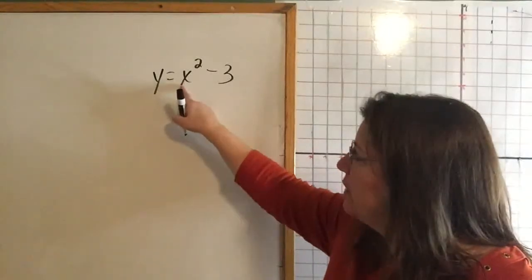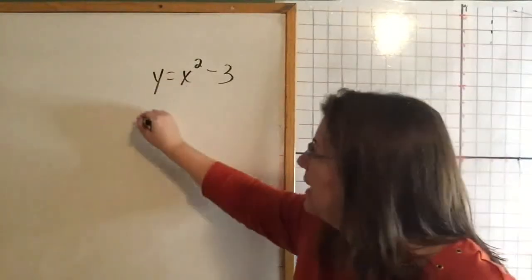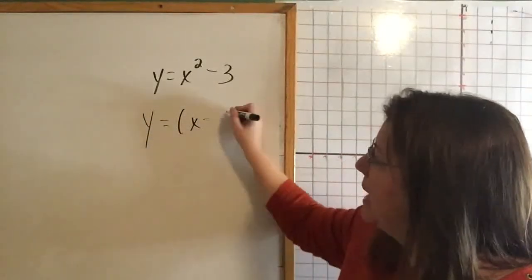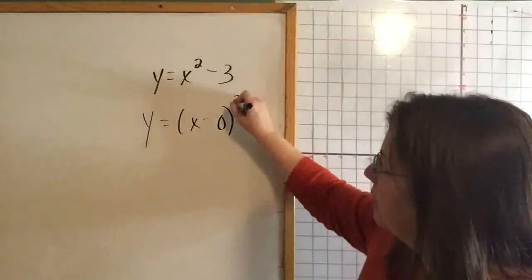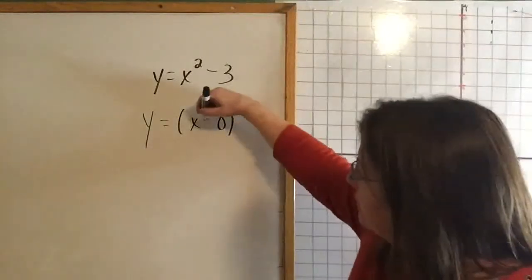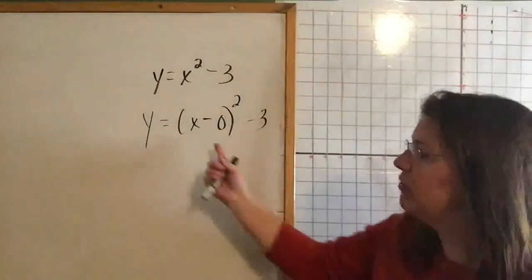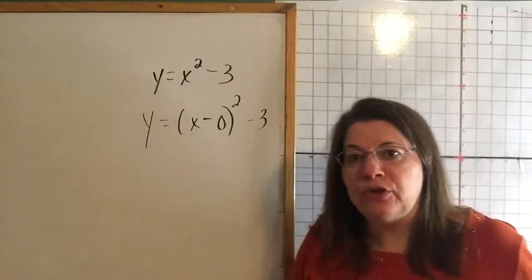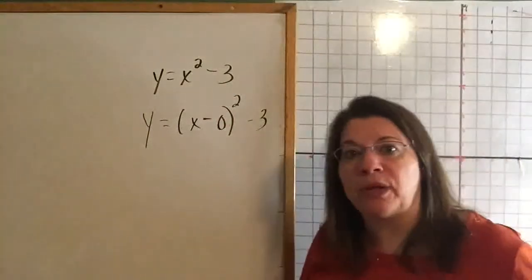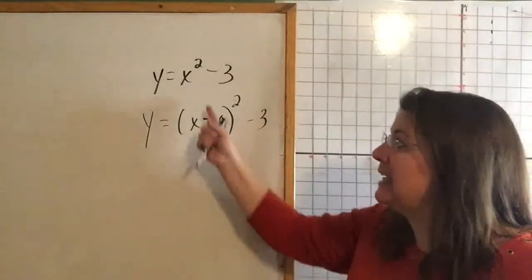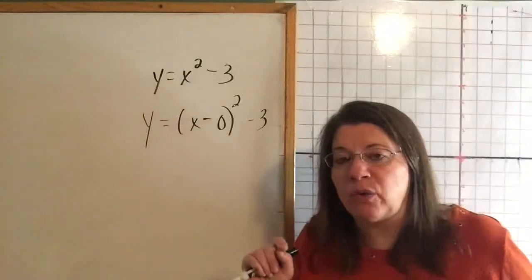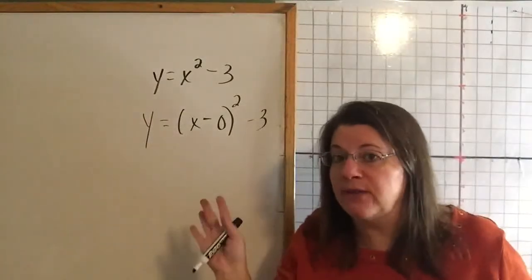So since there's nothing here paired with the x, wouldn't that be understood to be x minus 0 squared minus 3? So just by adding that little 0 in there, that minus 0, we now have it in vertex form. So we don't have to complete the square with one like this. It's technically in standard form, and a little addition of a 0 there is going to make it in vertex form. So it's really very simple.